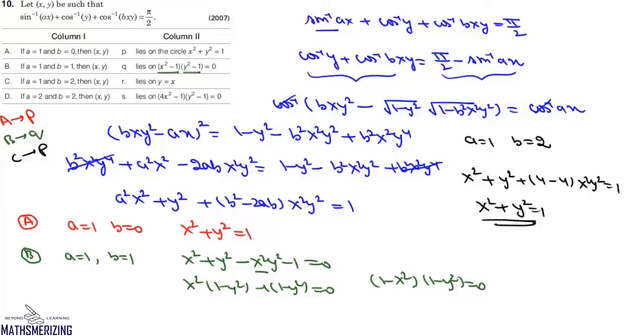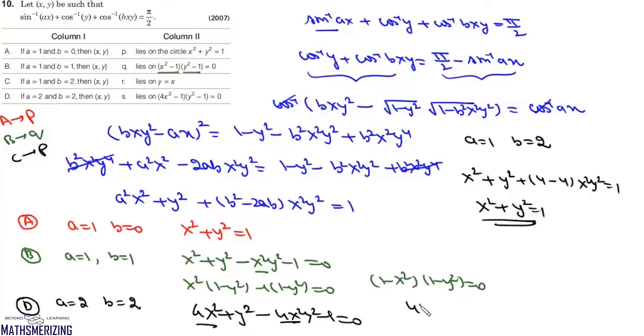And finally, for d, we'll take a as 2 and b as 2. Then we'll get 4x square plus y square, and here will be 4 minus 8 minus 4 x square y square minus 1 equals 0. So we'll take 4x square common.